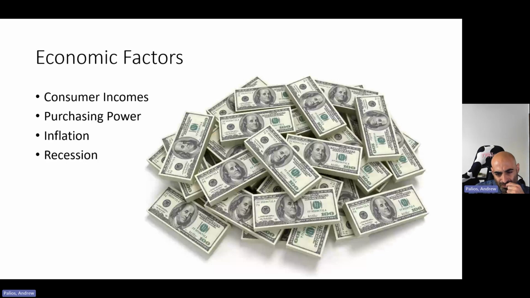Okay. So I did mention earlier economic factors as far as influence on buying decisions of customers in marketing. So consumer income, right? Annual household income in the United States is approximately 60,000. Let's say 1% of workers with a high school education make over 100,000 per year.